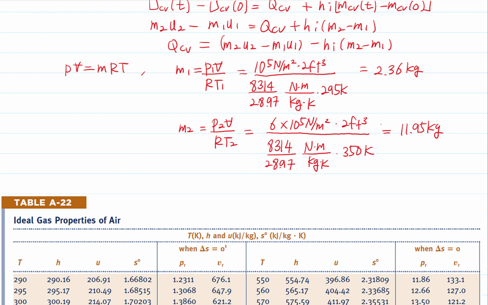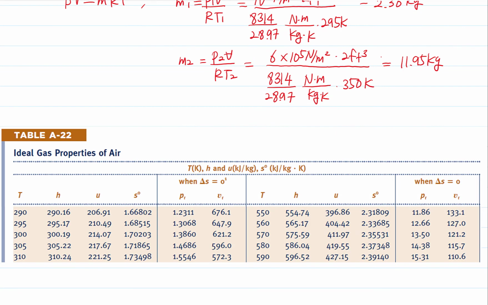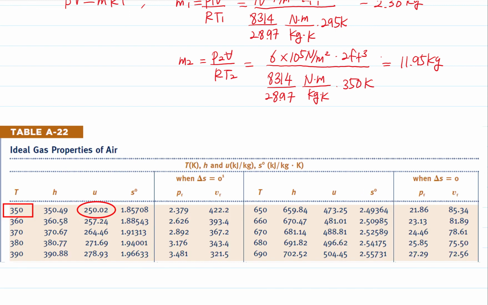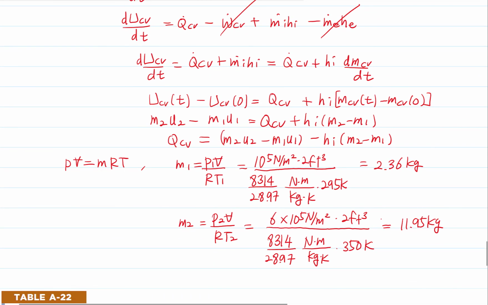Next, we are going to determine the internal energy and enthalpy. Initially the temperature is 295 Kelvin, so use table A22, ideal gas properties of air, at temperature 295 Kelvin. The internal energy at the initial condition is here, u1. And the internal energy at 350 Kelvin is shown here. We also need to calculate h_i.